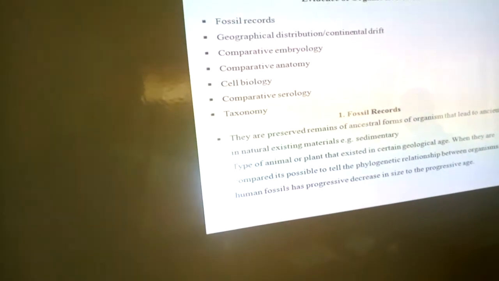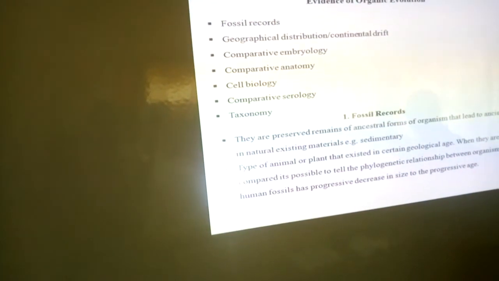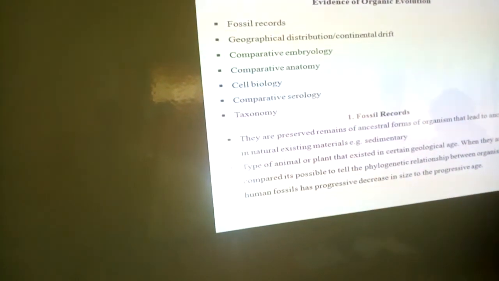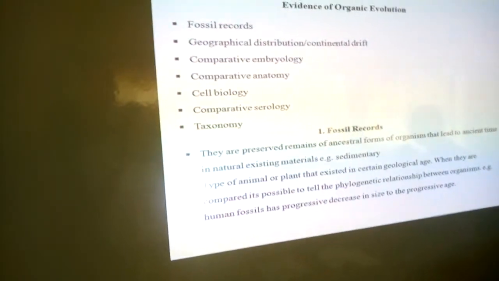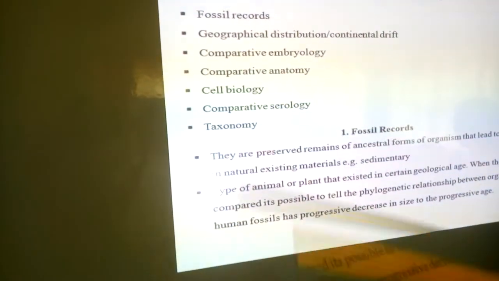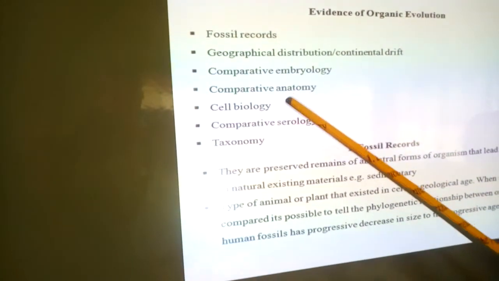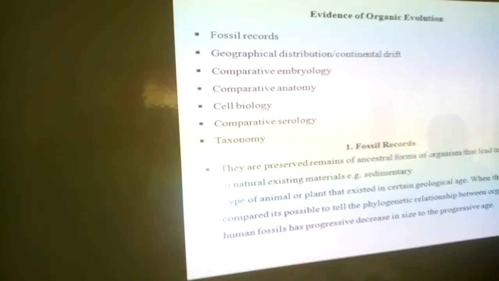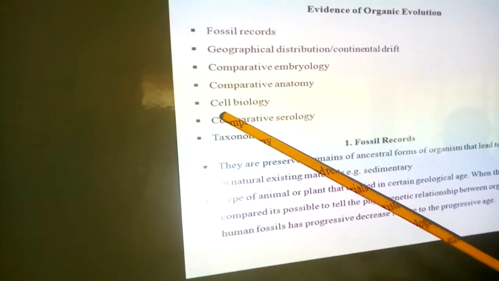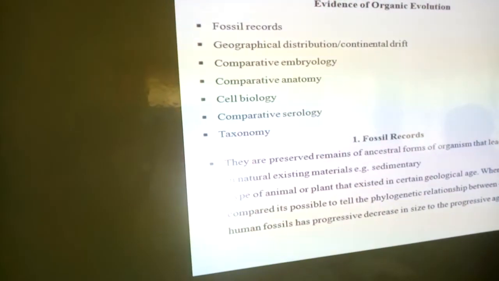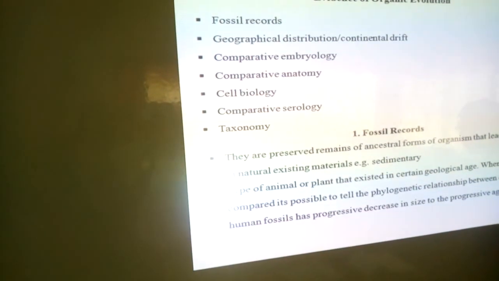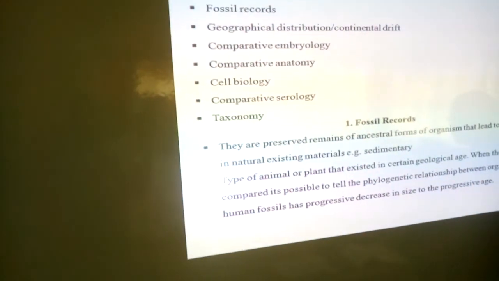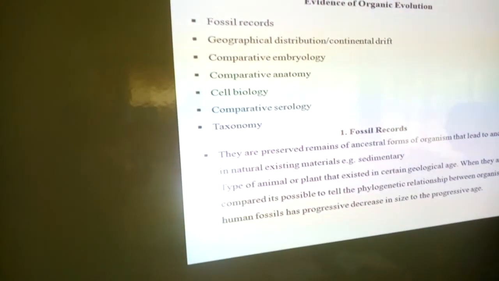Third evidence is comparative embryology. Evidence number 4, comparative anatomy. Evidence number 5, cell biology. Evidence number 6, comparative serology. And the last evidence, number 7, is taxonomy.